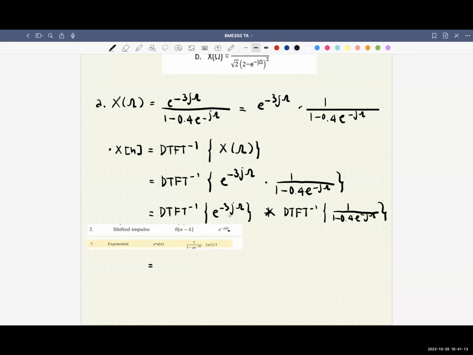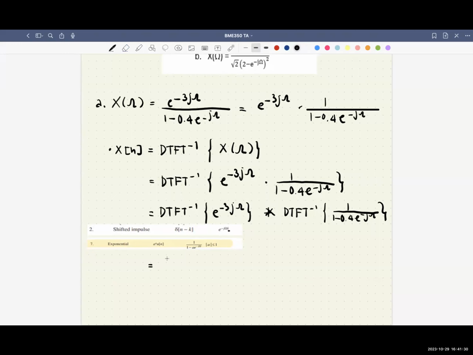K here, what is it when I compare to e to the power of negative 3j omega? Three. Thank you, Melanie. It is going to be 3.